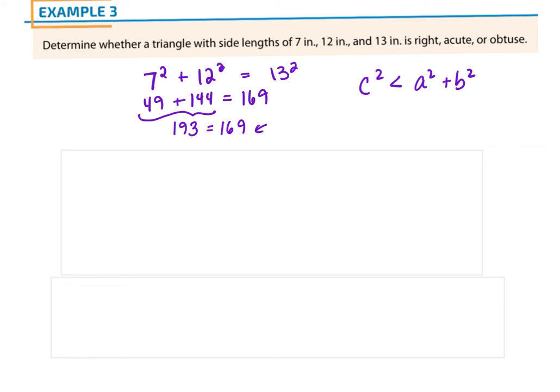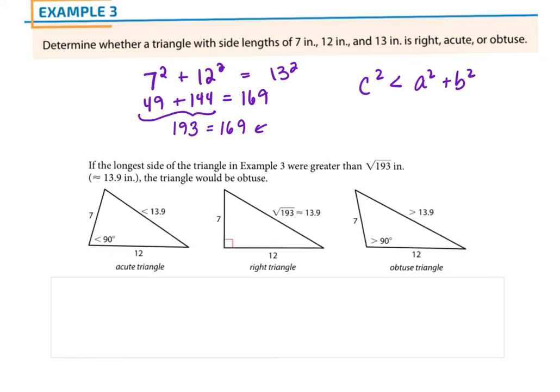So if you look at the options here. All right. Right here, these two add up to approximately 13.9. That's the square root of 193. All right. If it's less than 90, this is going to be less than the 13.9. It's going to cause this side to be shorter. If this were bigger than 90, it would cause this side to be longer than the right angle.